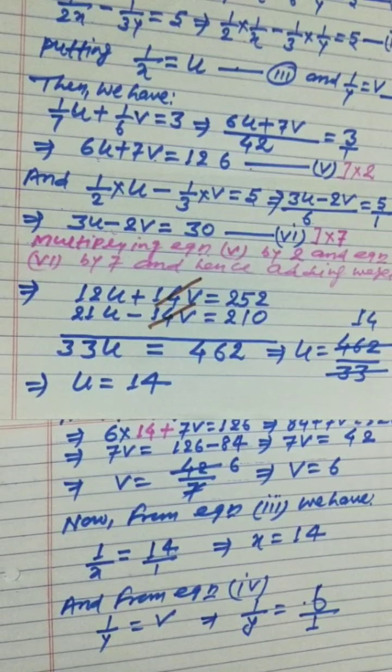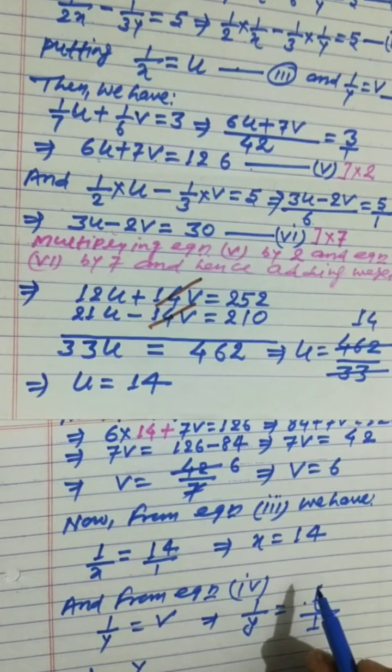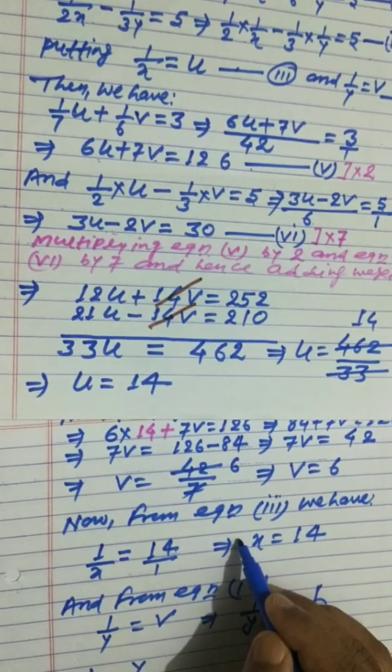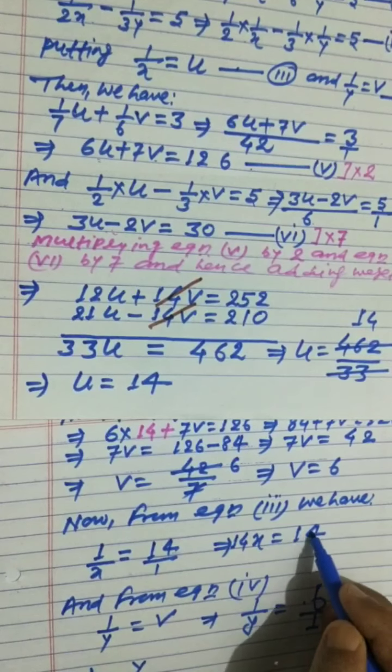Now cross multiply it. Then 14x will be equal to 1.